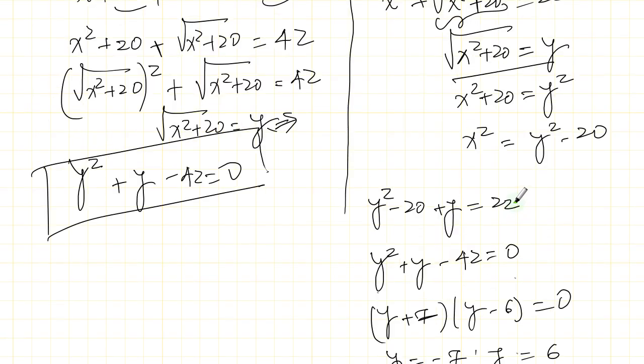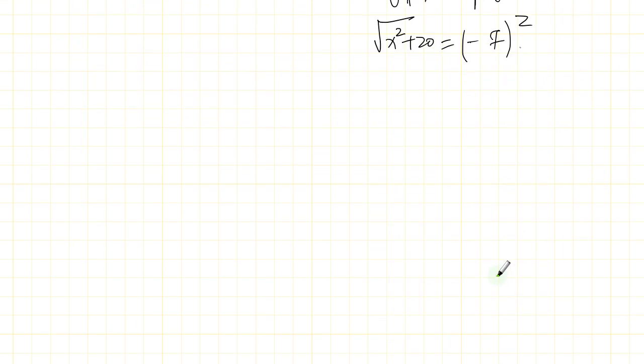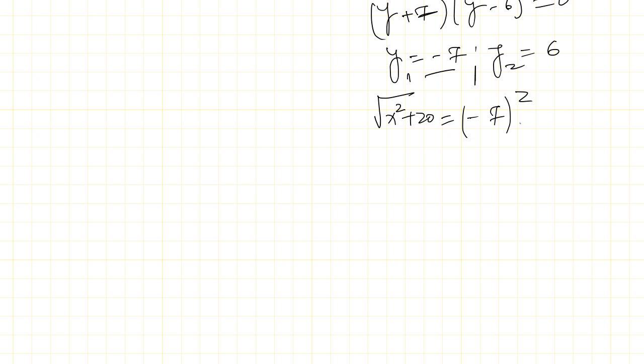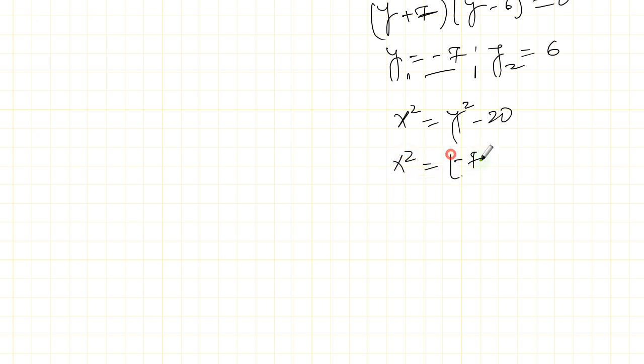So we have that x squared is equal to y squared minus 20. So x squared is going to be negative 7 squared minus 20.